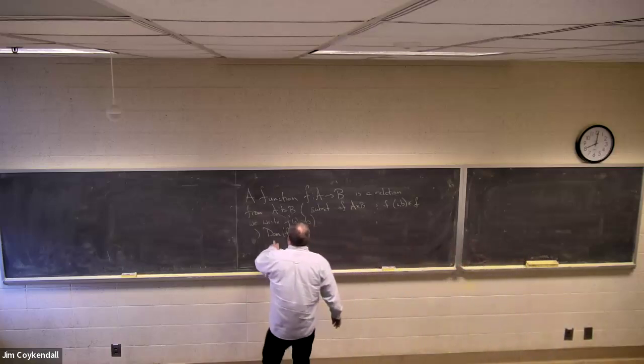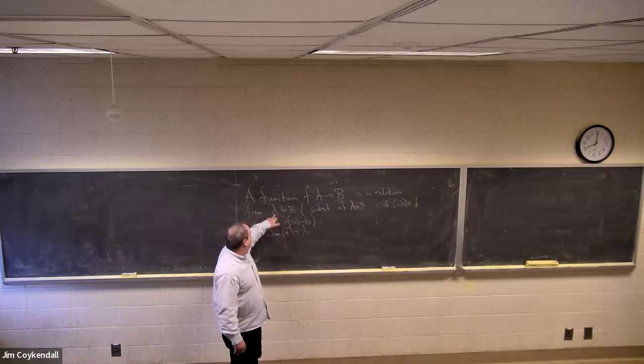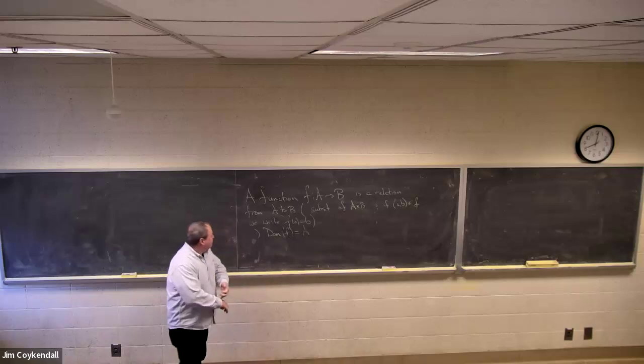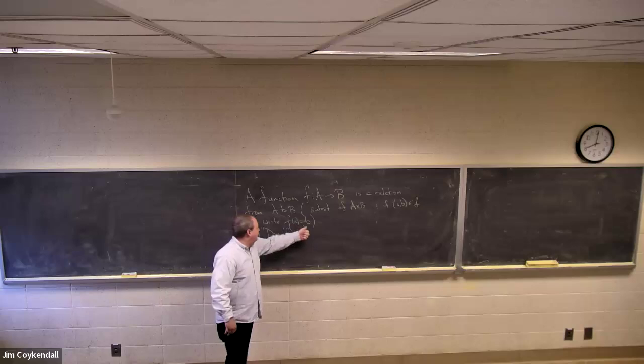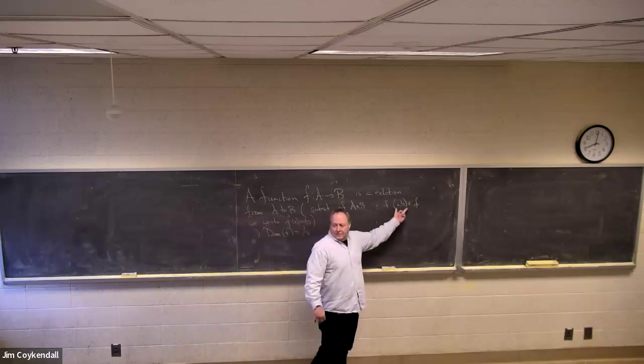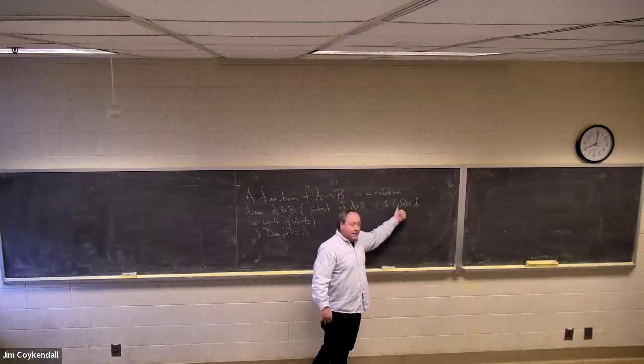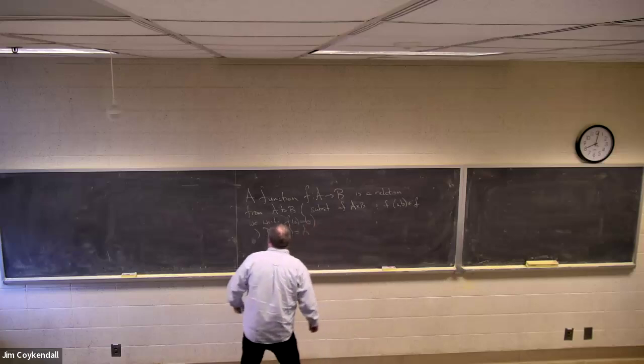For a function from A to B, the domain is all of A. In other words, you can plug in anything for A, or in this notation, there is a coordinate for every A that appears as a first coordinate.